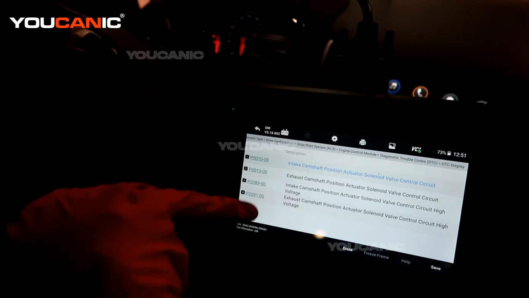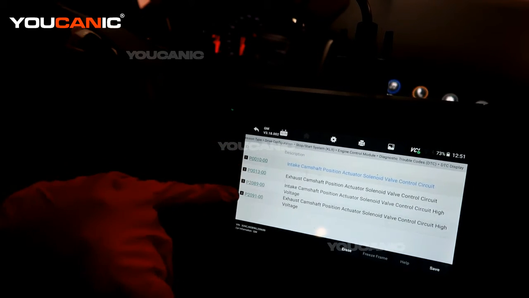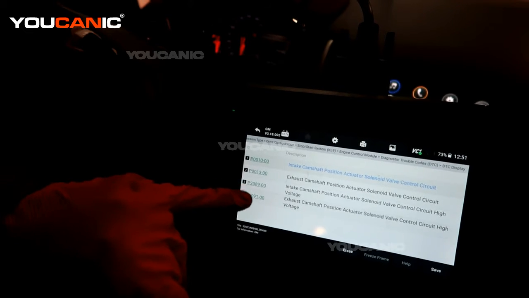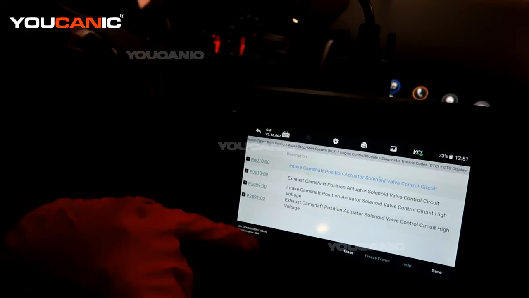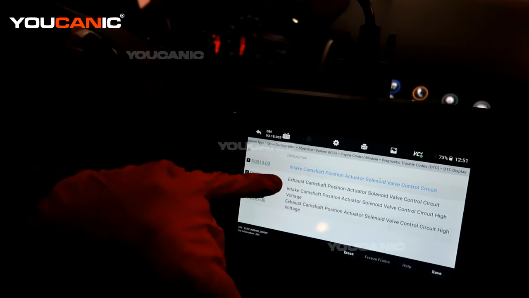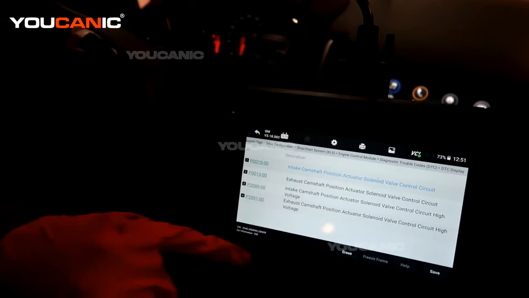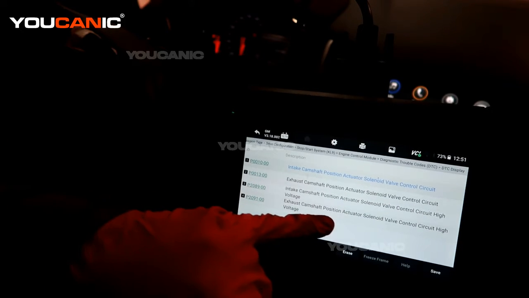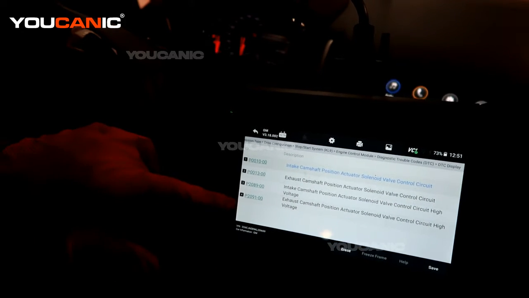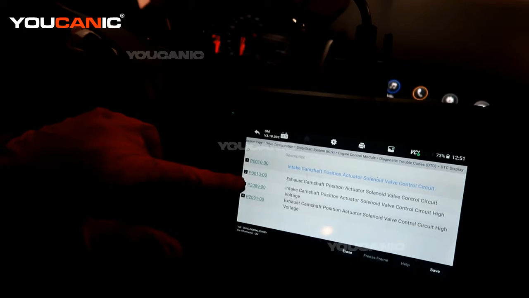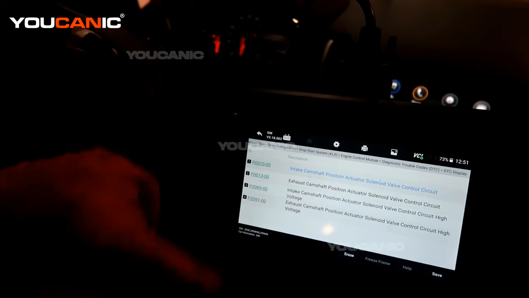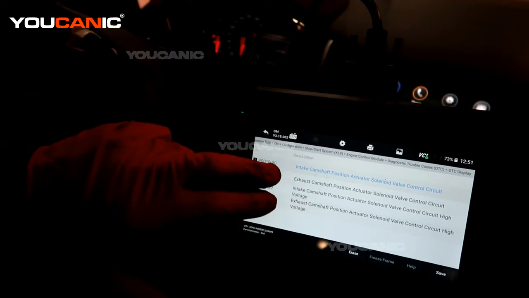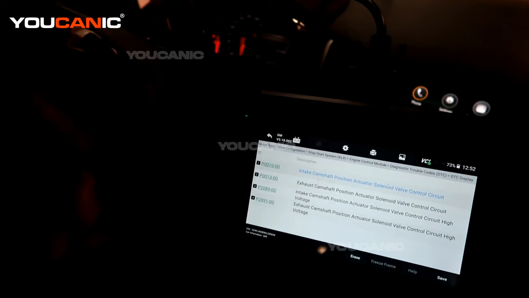These two codes, the P0010 and the P2089, have to do with the same circuit or the same system. And then we have the exhaust camshaft position actuator solenoid, the P0013 and a P2091.